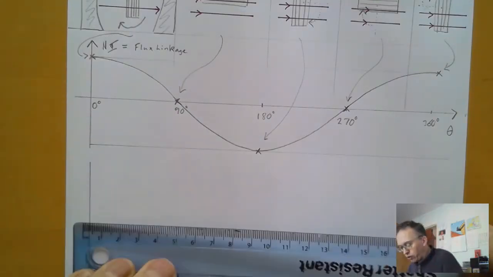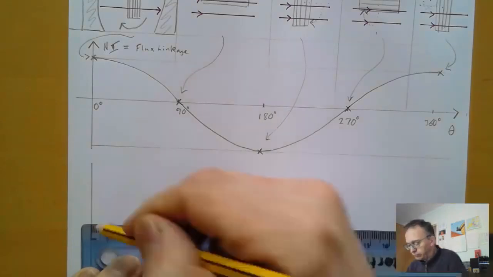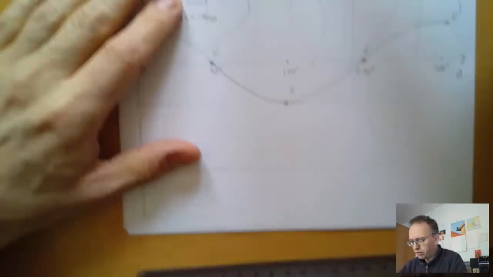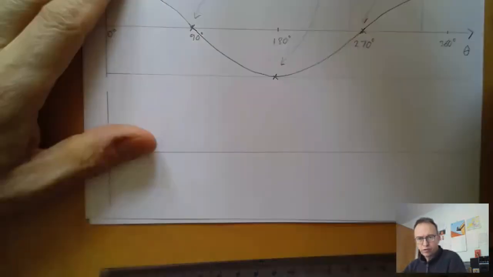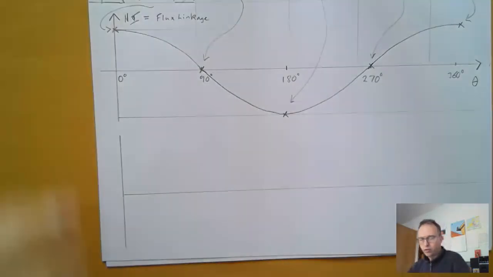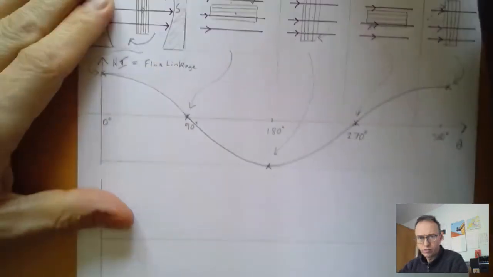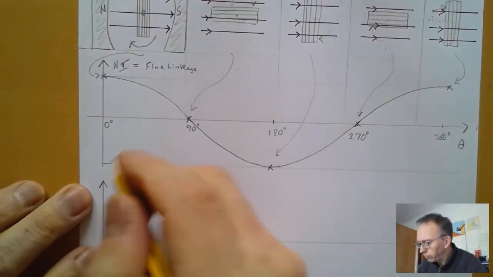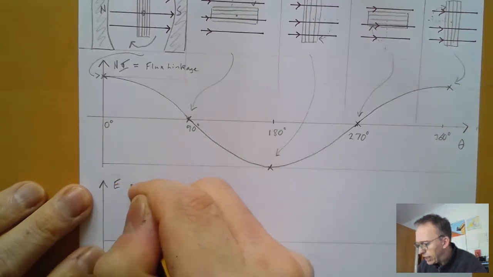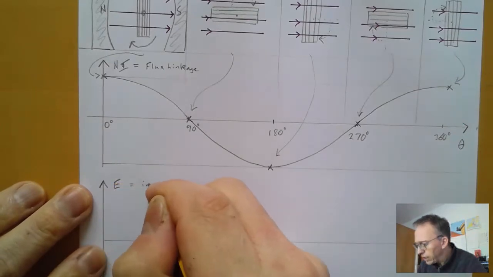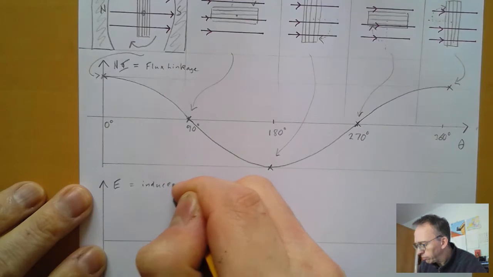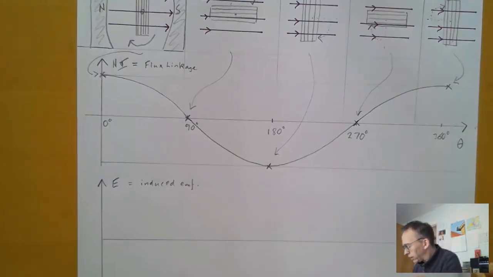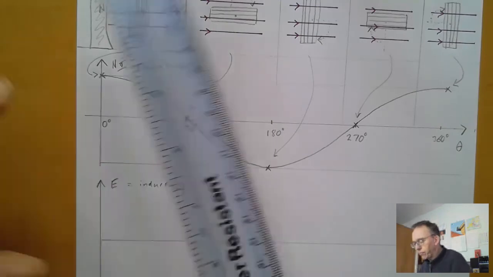So we're going to draw another little graph underneath. This is E, which is the induced EMF, and this is our angular position theta.